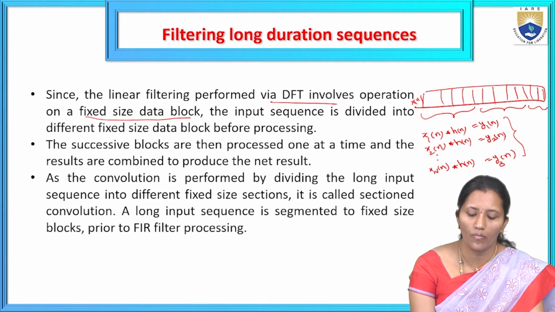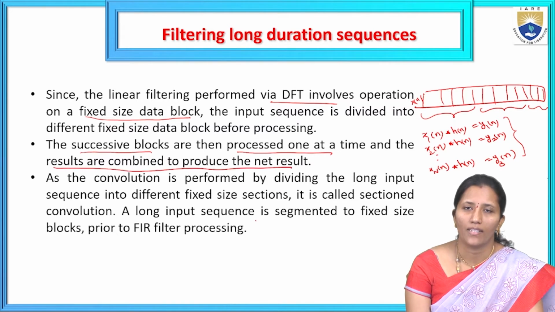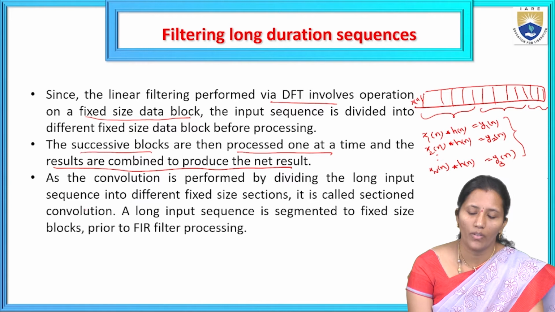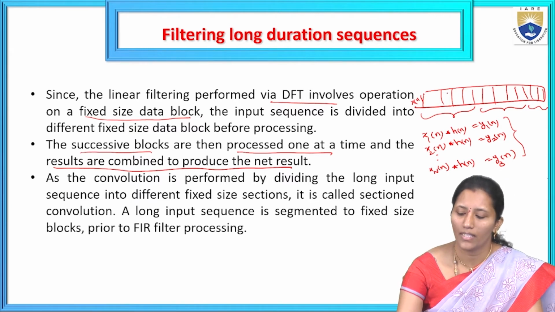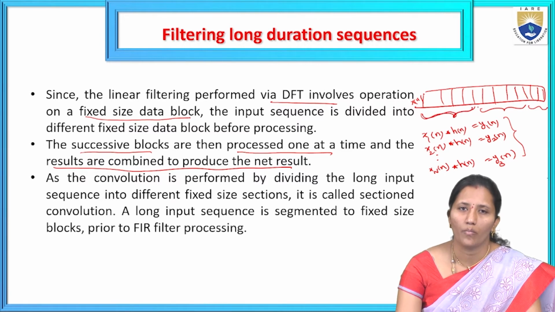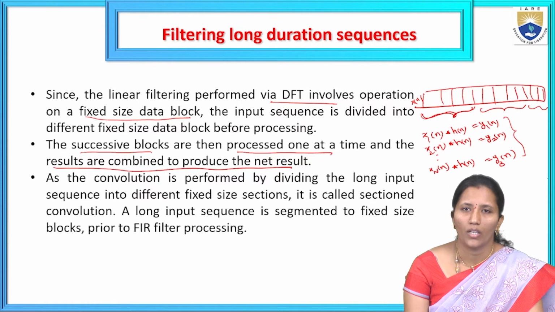The successive blocks are processed one at a time, and the results are combined to produce the net result. The convolution is performed by dividing the long input sequence x of n into fixed size sections, that is x1 of n, x2 of n, like that, segmented into blocks.